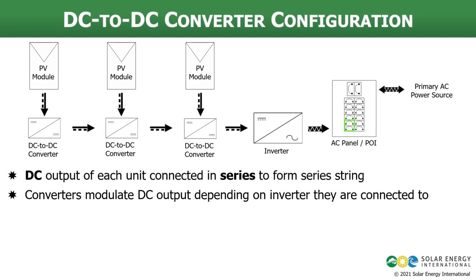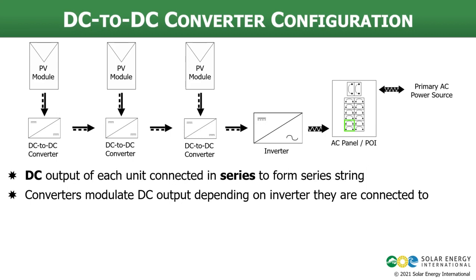Some DC converters can be purchased individually and used with any different type of an inverter from a different manufacturer, but you have to make sure that if you're going to do that you are using equipment that's compatible with each other. Some DC converters are required to function with an inverter that's made by the same manufacturer.